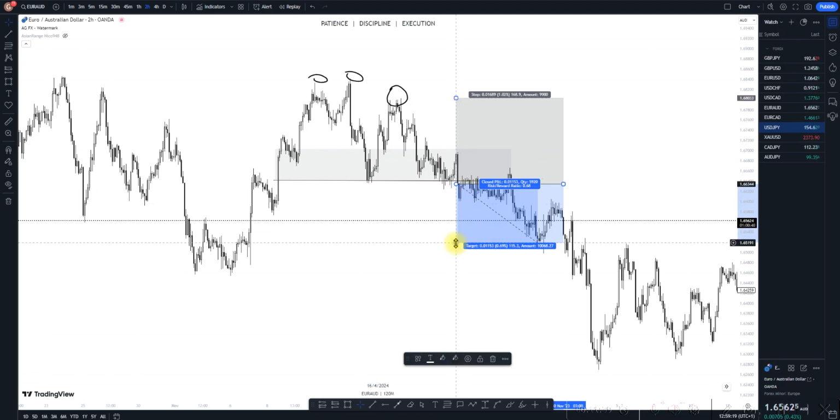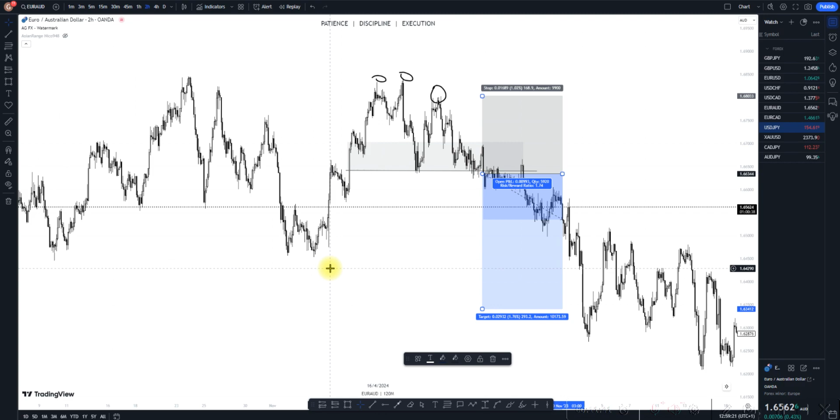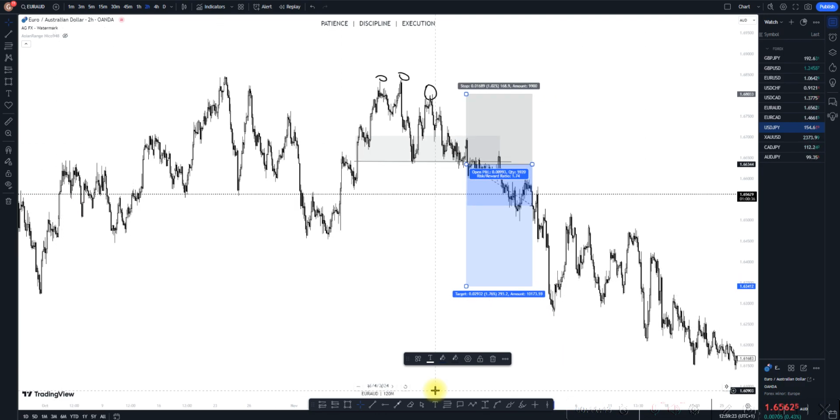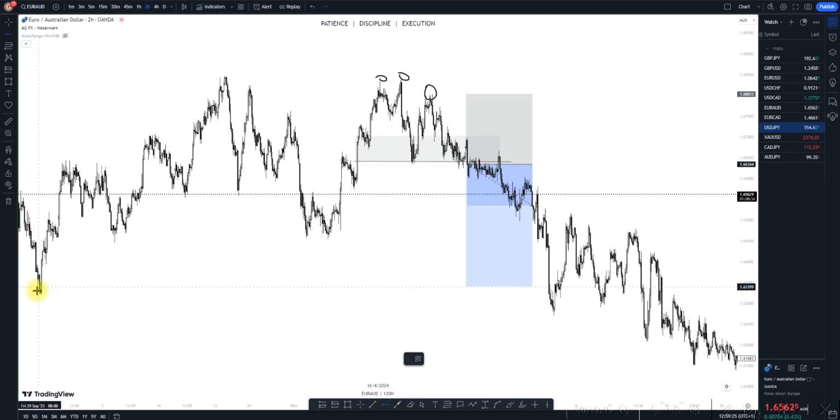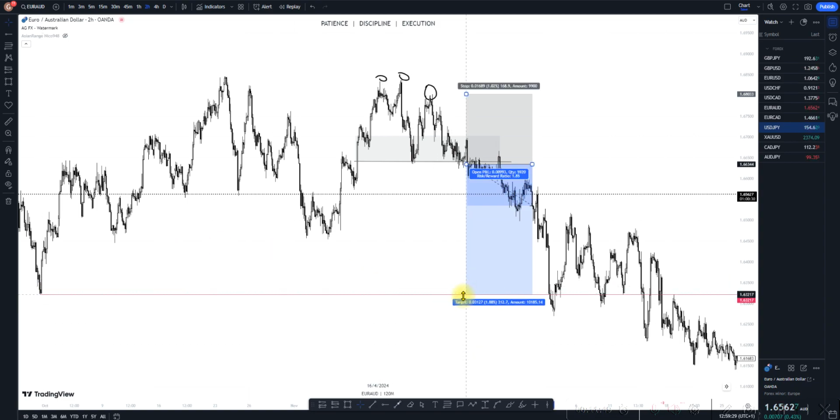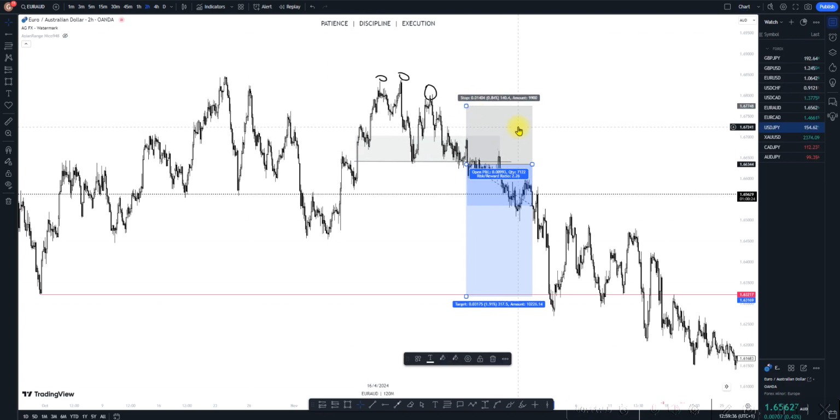Then I'm going to target, probably take a 1 to 5 target, or target this last low that we had here. So then I'll just take my target here, and then I can move my stop loss to around here, which is still safe enough to take a trade from there.